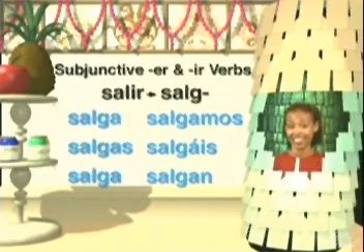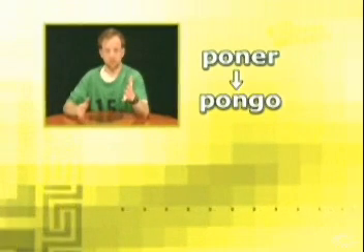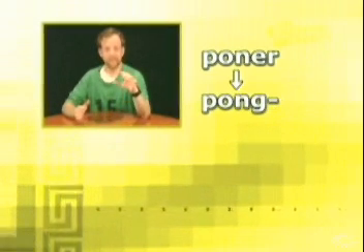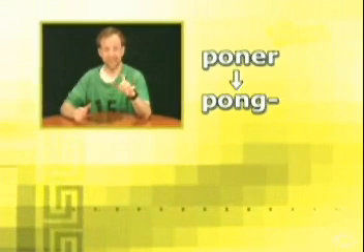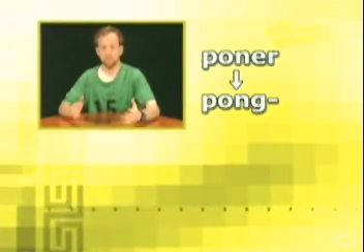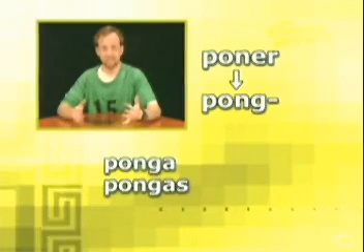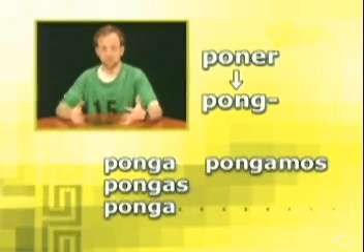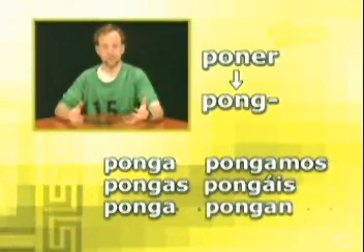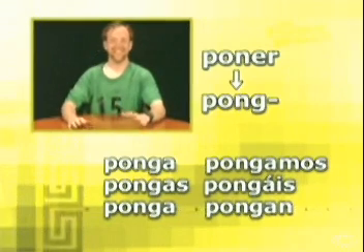Are you getting the hang of it yet? I think so. Let's see. We take the yo form pongo, cross off the O, then add the subjunctive ER and IR endings. So ponga, pongas, ponga, pongamos, pongáis, pongan. I did it.